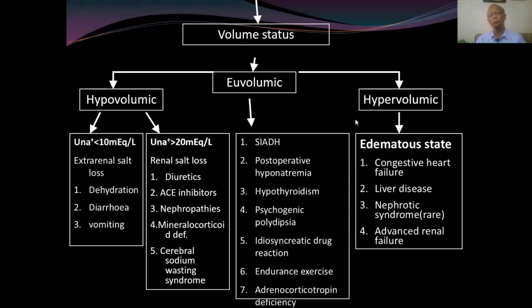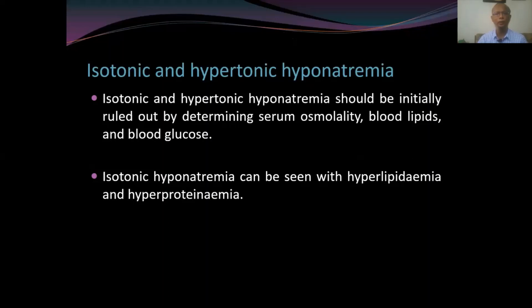Say in case of cirrhosis of liver, the effective blood volume is less, renal circulation is less, there is activation of the renin-angiotensin-aldosterone system, and there is more water retention, and you will get congestion. Similarly, we will get it in congestive heart failure as well as in nephrotic syndrome. So these are the frequent conditions you will encounter in your clinical practice.